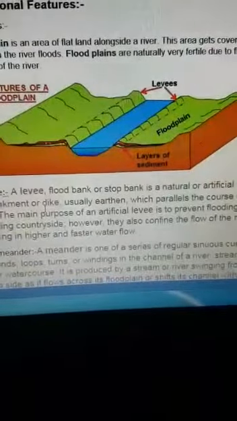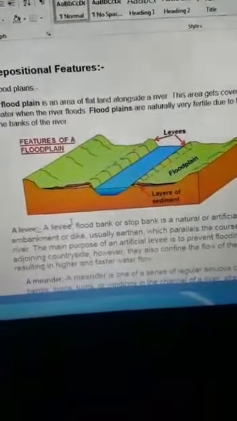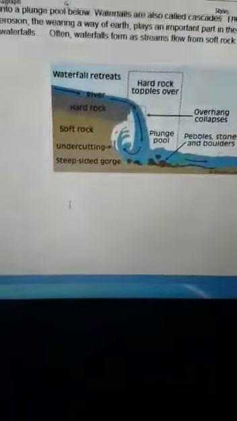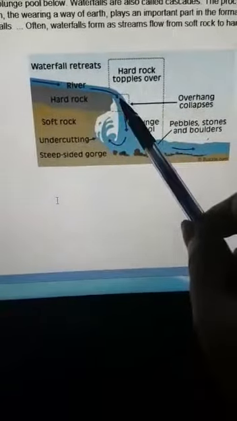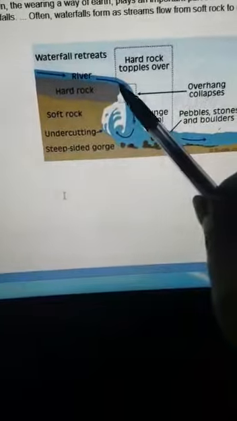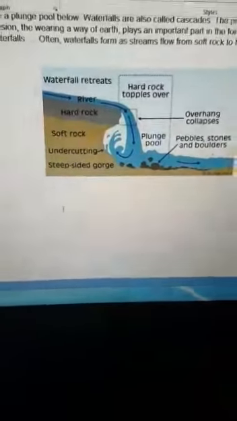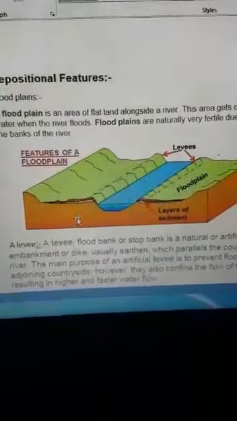Then we go down to the depositional features of the river. Just now we have seen the waterfall. Now here the river is leaving the upper course and coming to the middle course. Clear? Means the mountainous region is over. Now the river is flowing into the middle course, which means the river is in the plain land.